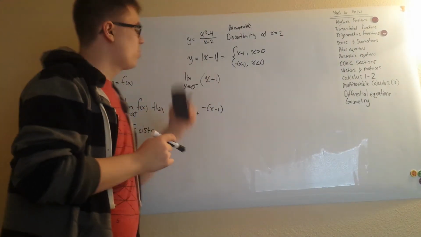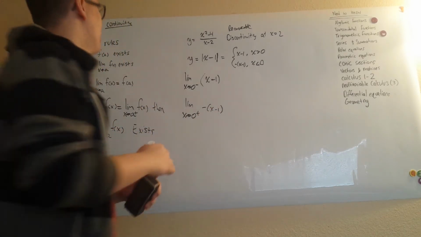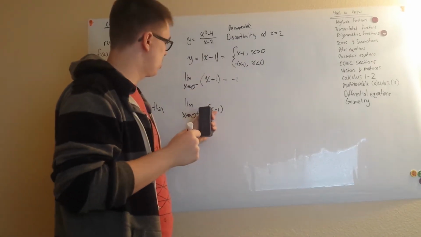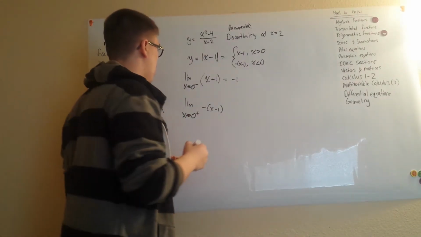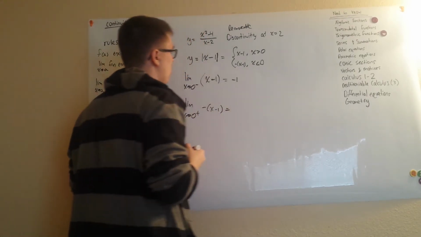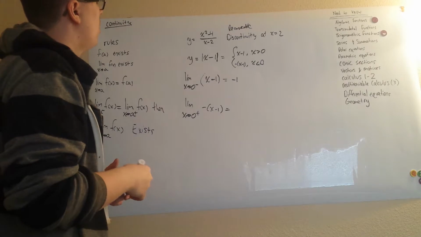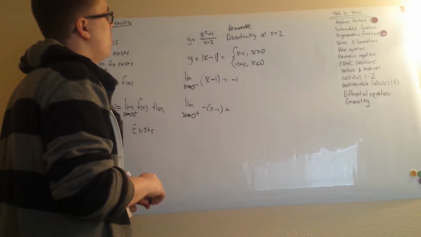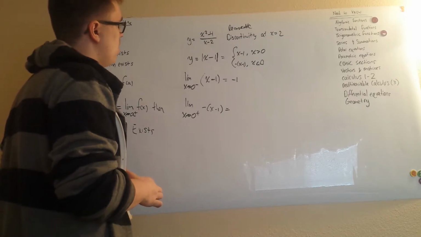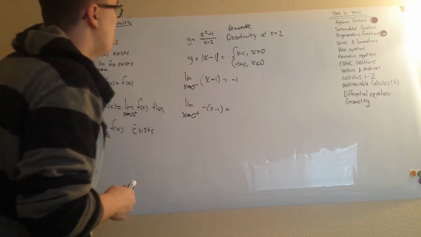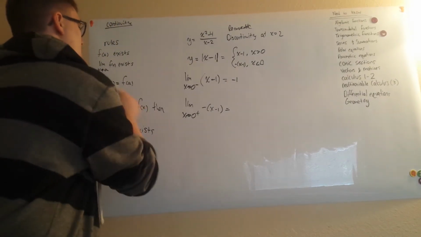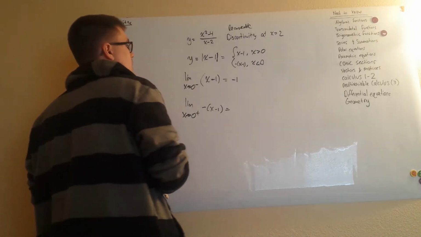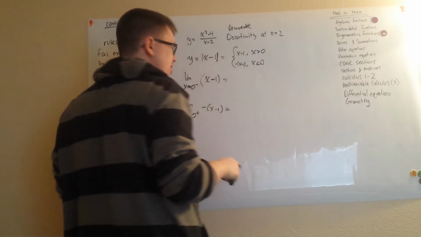What is this? Well, you can just plug it in. Honestly, you can. This is what? A negative 1? There you go. What is this? How do you do one-sided limits?